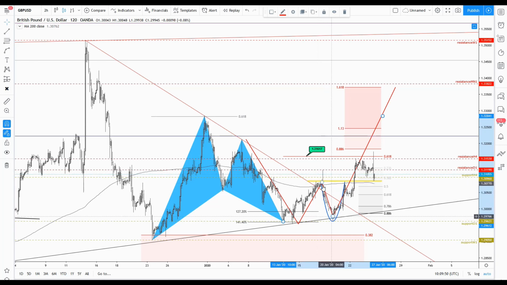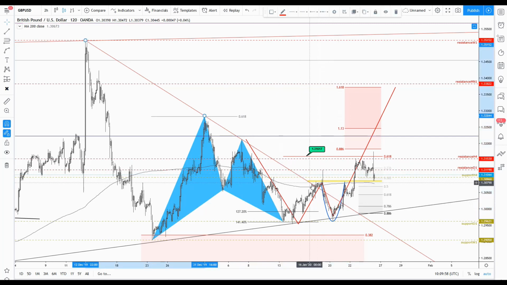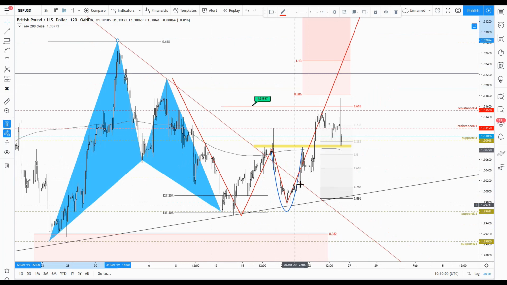So I didn't take advantage of the pattern itself. I took advantage of the second time that the market broke above this trend line resistance, this very first candle here.